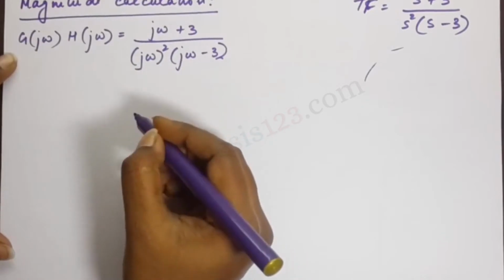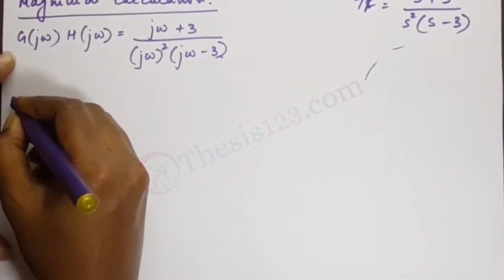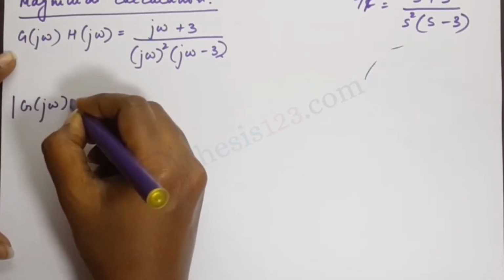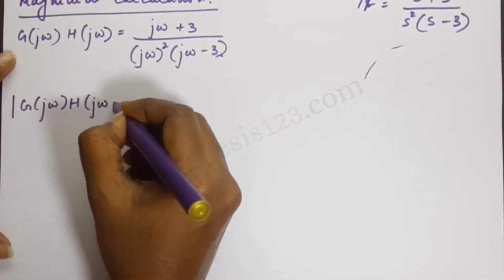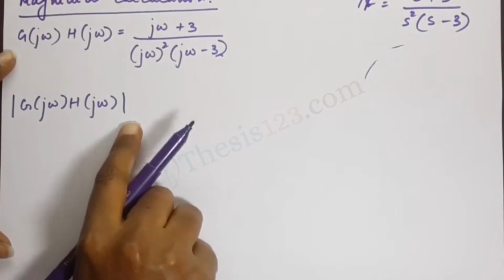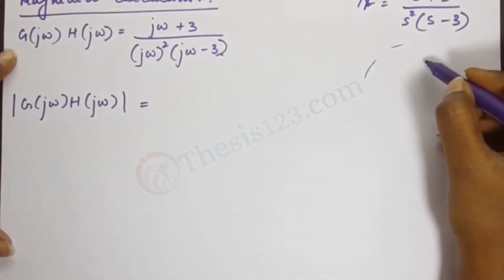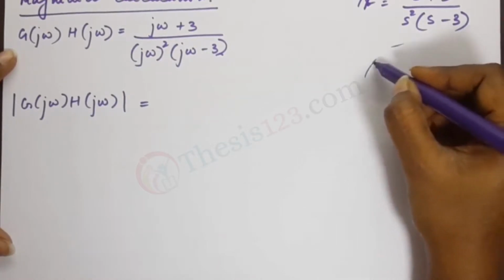The magnitude is the modulus of G(jω)H(jω).